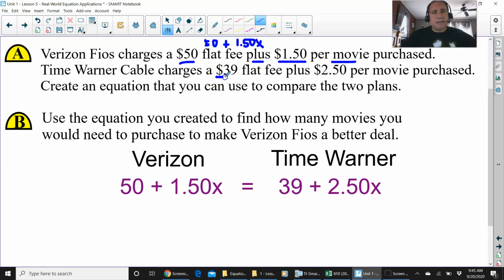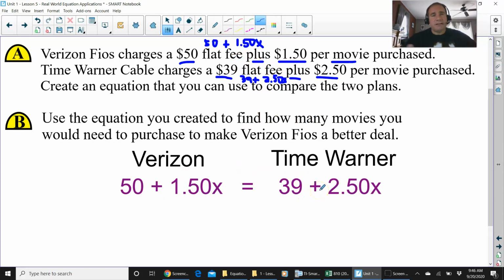Then Time Warner is a 39 flat fee plus 250 per movie. And I'm just going to put it down here, 39 plus 250 per movie. When you compare the two plans, that's where you're getting the equal sign directly in the middle. So you're just putting this here for Verizon, equal sign, and here for Time Warner.